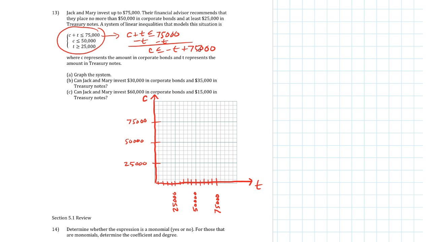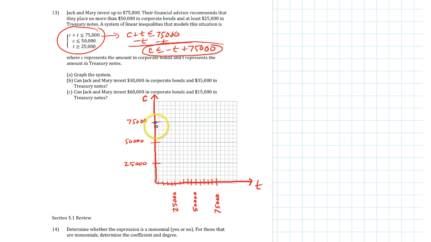So that's the same thing as slope-intercept form. C is like Y, T is like X. Okay, so if I look at this one, my y-intercept is 75,000 and my slope is negative 1.